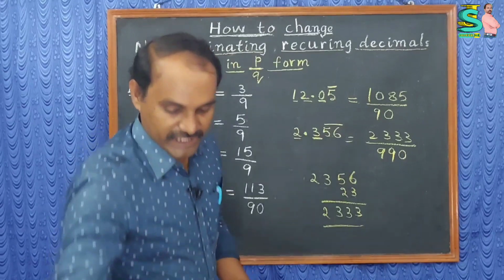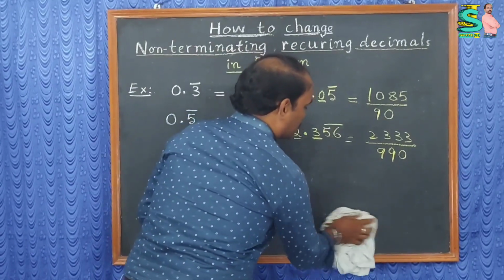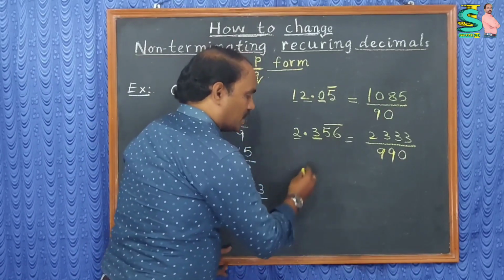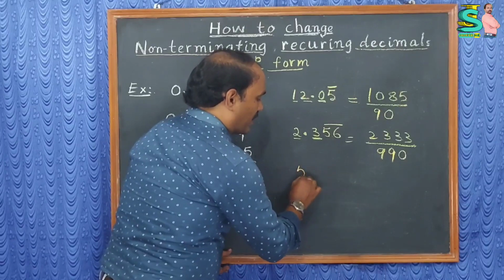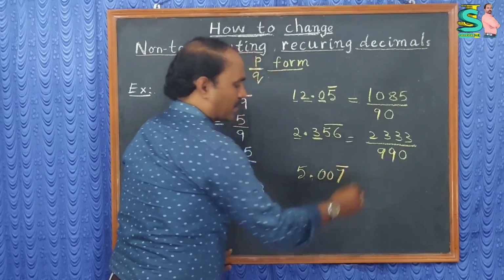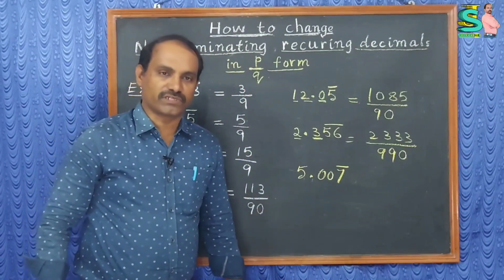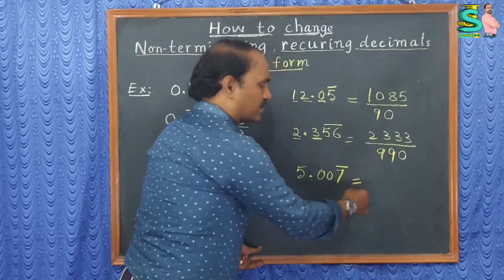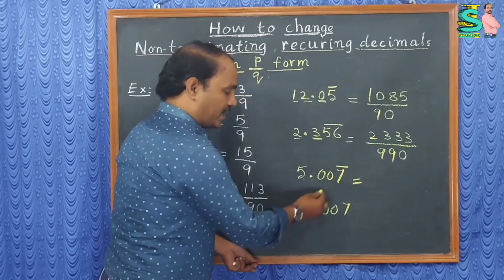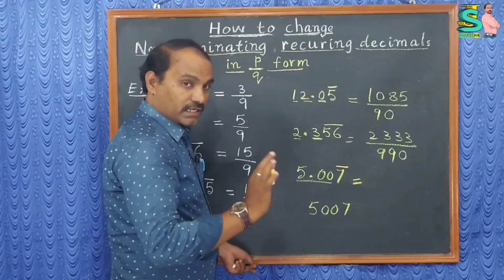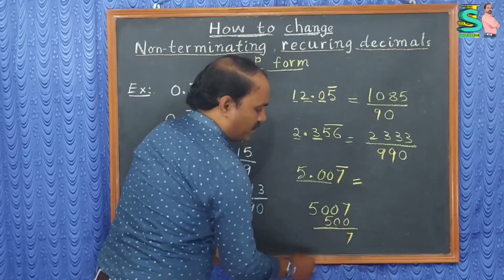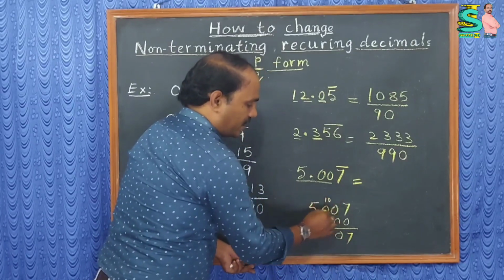Understood? Now one more question. For example, 5.007 bar. Now how can we change this? First you should write 5007 and then subtract the number which is not under the bar, 500. So 7 minus 0, here 10, here 4.